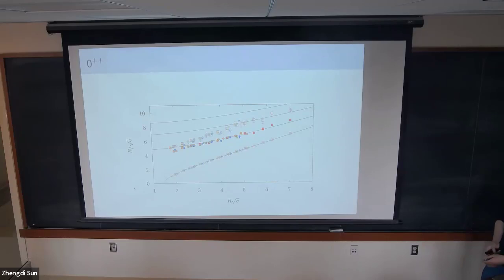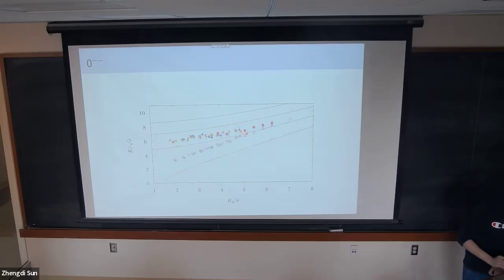And the black lines, which I'm going to discuss more later, is called the GGRT spectrum, which we kind of expect the string spectrum to be very close to it. Although we see that already in this case, the second excited state has a large deviation, which I will go back to.